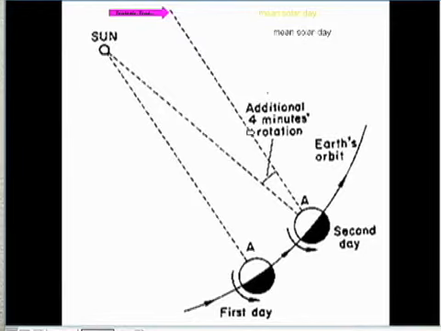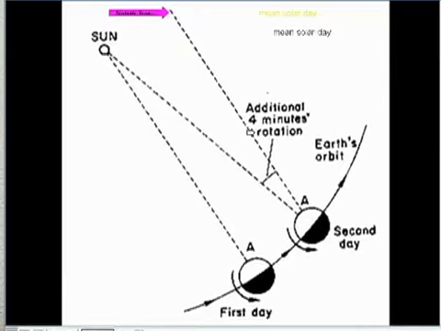That is a sidereal day. Sidereal means by the stars. So if we measure the day by the stars, we get a different length of the day than if we measure by the sun, the solar day. Okay? So solar time is going to be a little bit different from sidereal time.